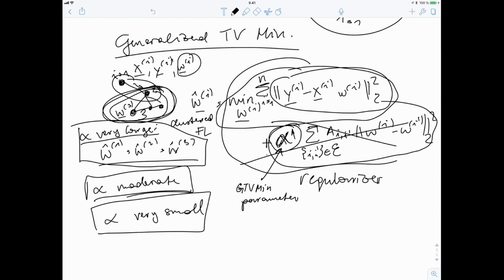Yes. Yes. Very good point. So one argument against making alpha large and coupling more and more local data sets is that this pooling also means averaging.